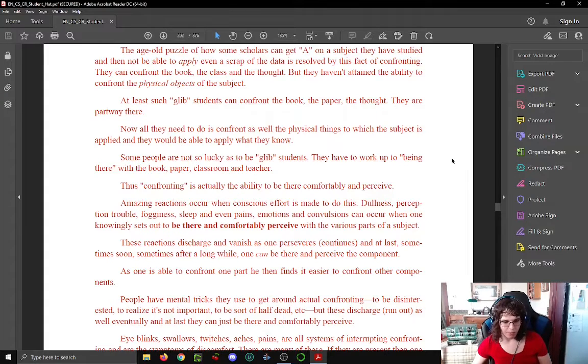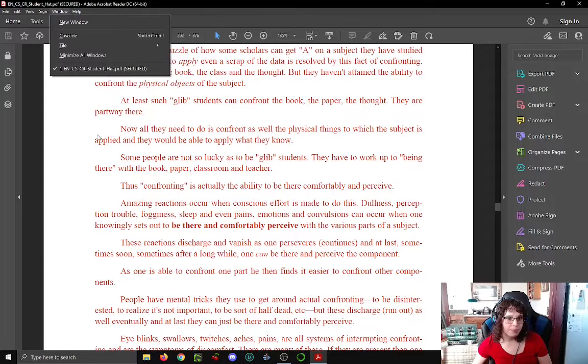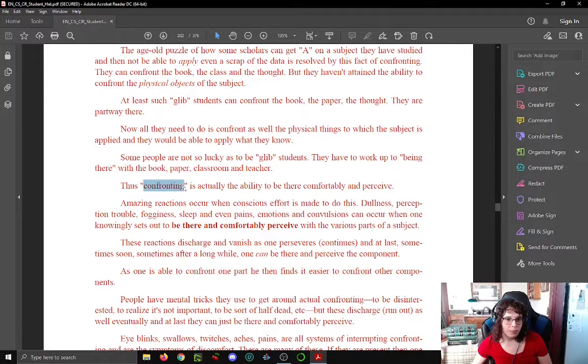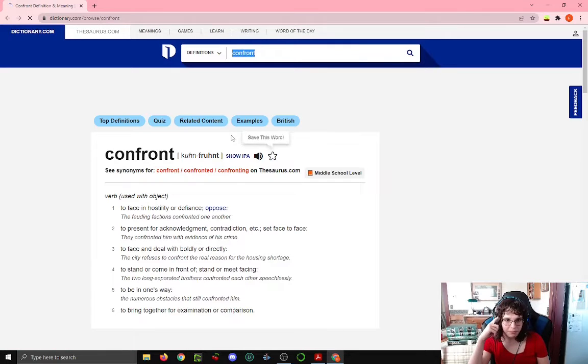All right. So let us look up confronting. We're just going to do that. All right, so confronting: to face in hostility or defiance, to oppose, to present for acknowledgement, contradiction, etc., set face to face and deal with boldly or directly.